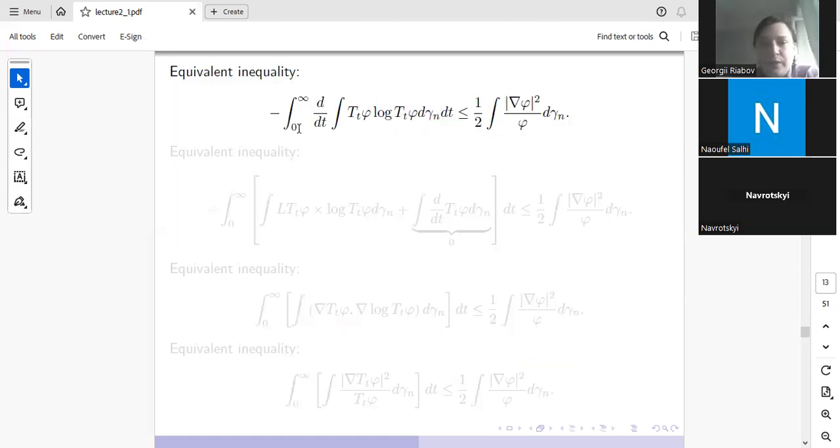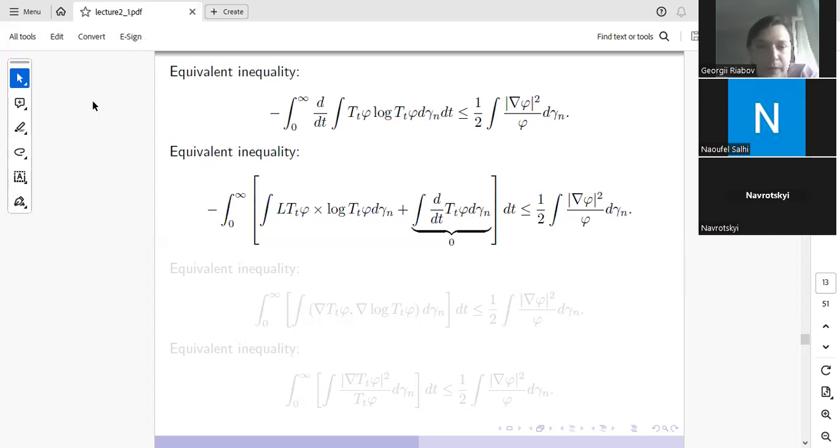So this will be minus the integral from 0 to infinity of the derivative of such an integral. We can compute this derivative explicitly.